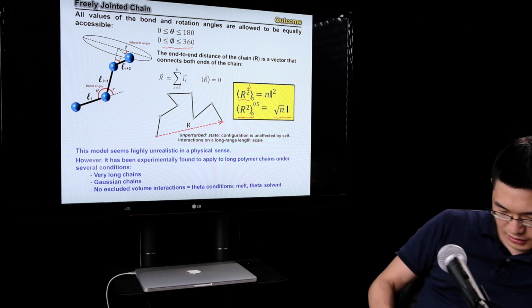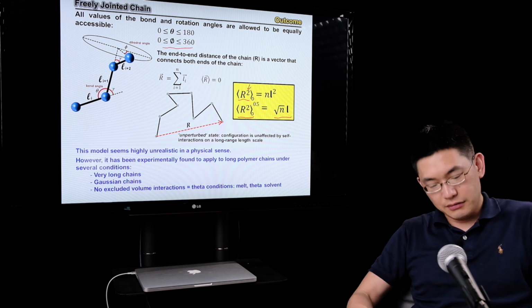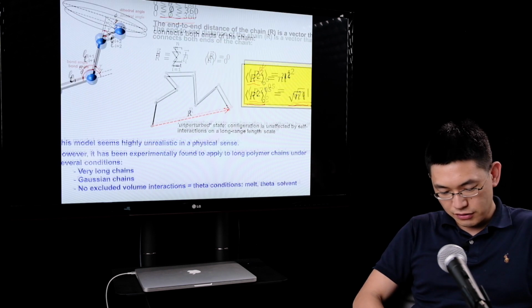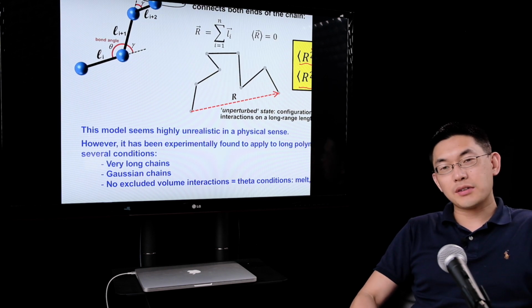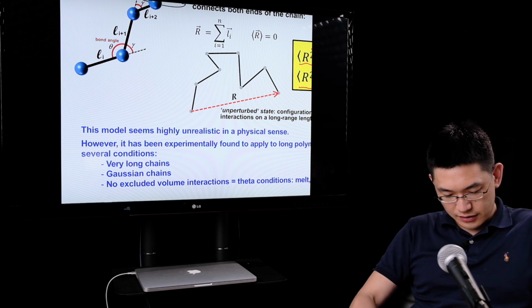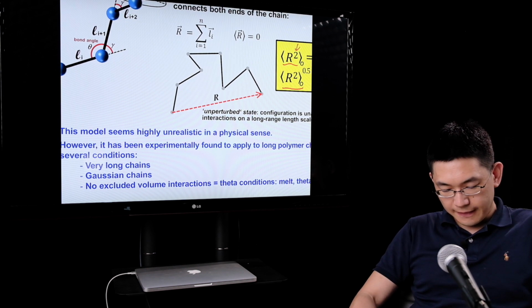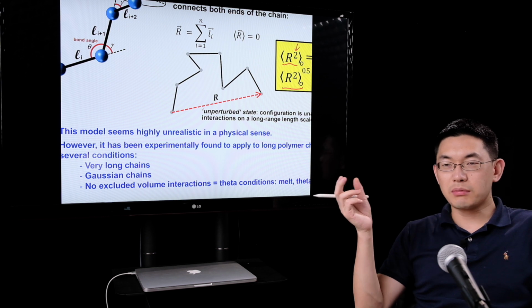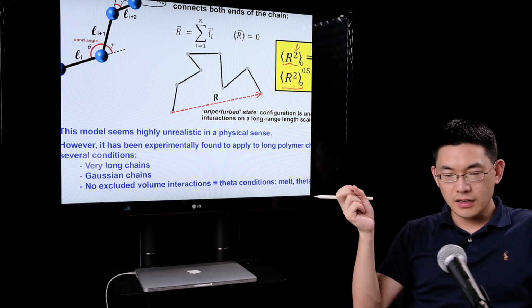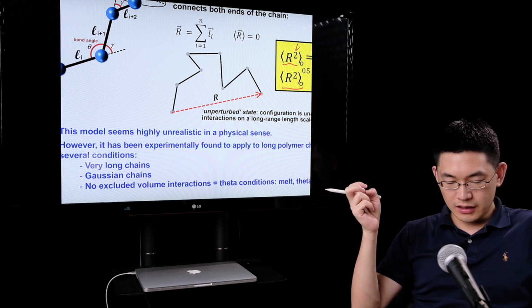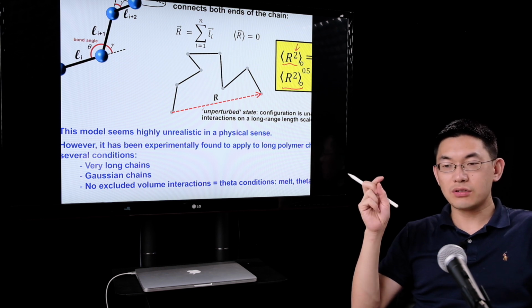This model is actually a highly unrealistic physical model, as we show here. Why? Because it ignores several factors. There is no chain that would be able to rotate that freely, and there would not be any chain that would ignore the dihedral potential.